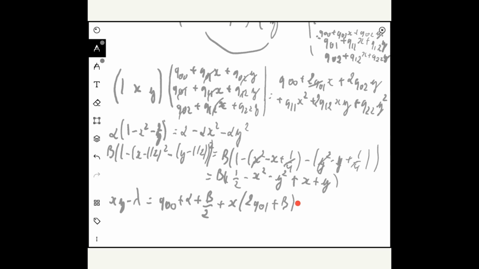After we can go to y, multiplied by 2q02 plus beta.